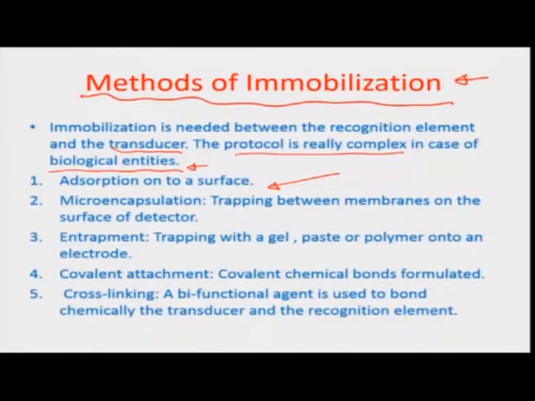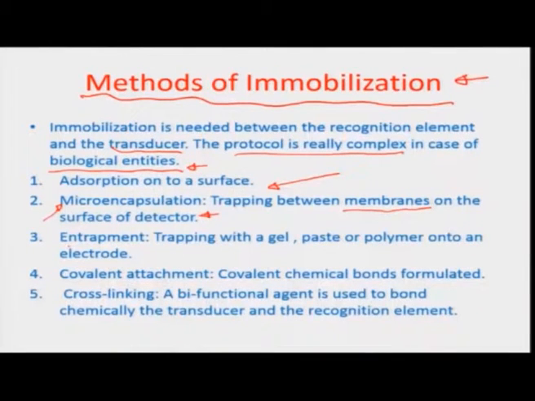Then we have micro encapsulation, which is trapping between membranes on the surface of the detector. You have two membranes, one on the transducer surface and the other after the membrane has been sprinkled with the recognition element. It entraps, and these membranes adhere to each other or to the transduction surface. This is called micro encapsulation.